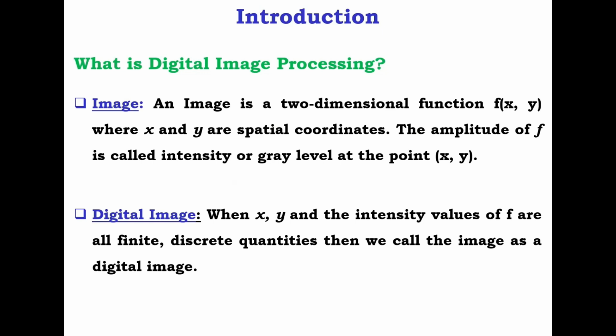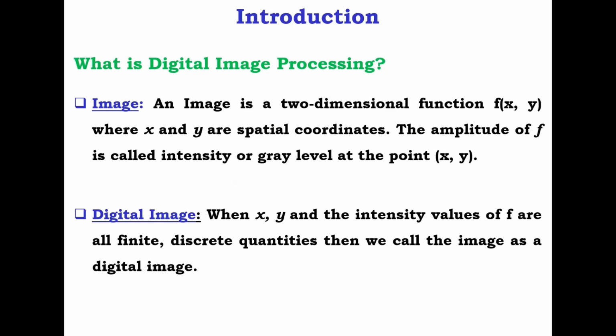Two-dimensional function means there are two directions. x represents one dimension, maybe horizontal or vertical. y represents another dimension or direction, that is horizontal or vertical. So a two-dimensional function is a mathematical function having two directions represented by x and y, and these are only spatial coordinates.